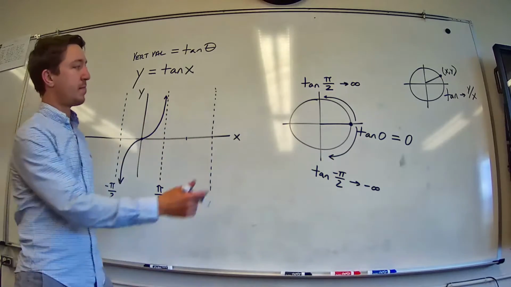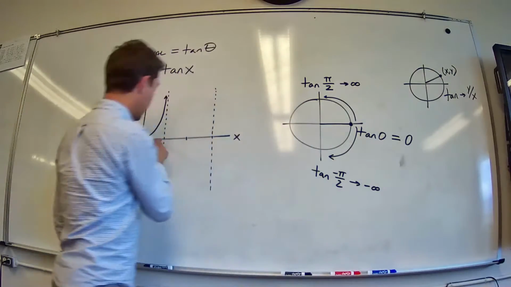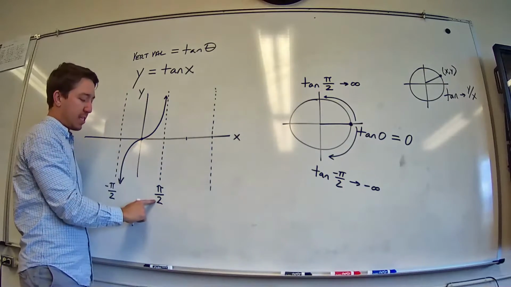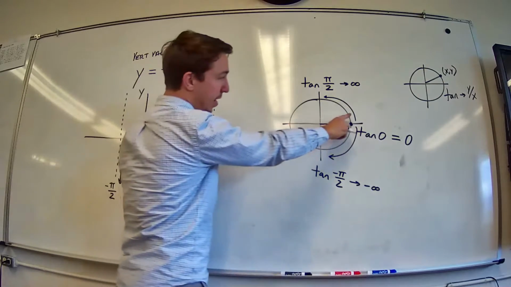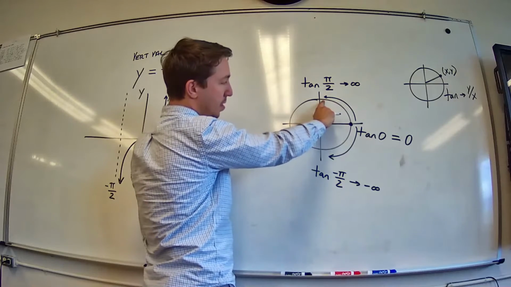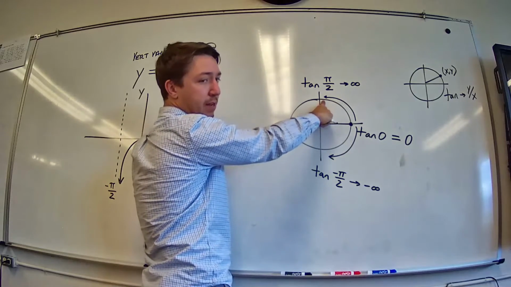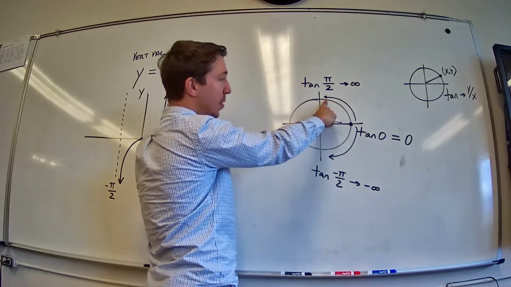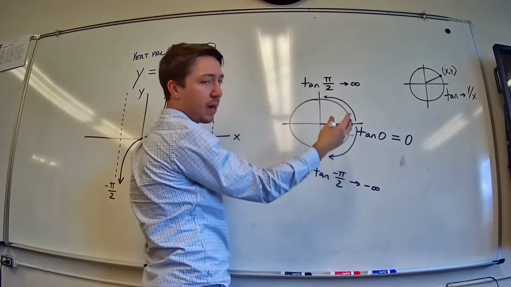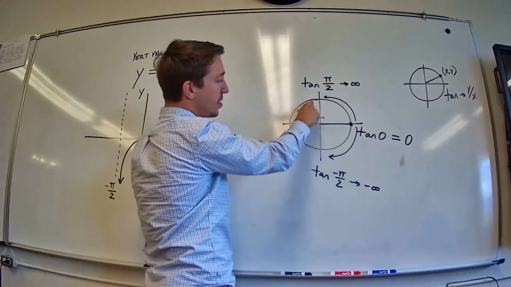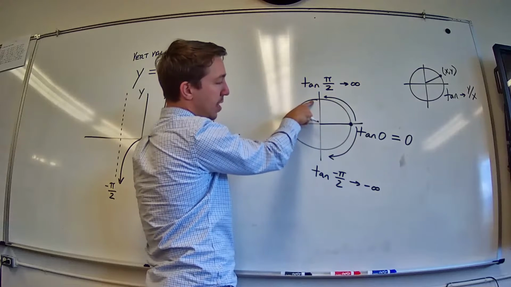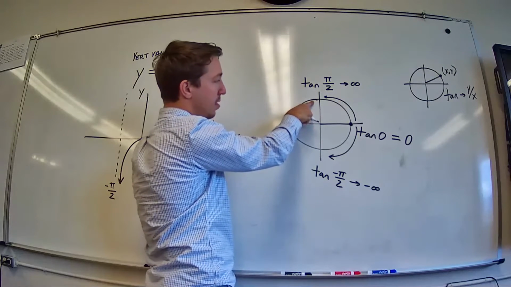I'm thinking it's going to repeat. So why does it repeat? Well, let's go back to this spot here. Right before our angle was at pi over 2, we had really large positive tangent values, right? Then we hit this asymptote, because the tangent of pi over 2 is undefined. But over on this side, what kind of tangent values do we have?